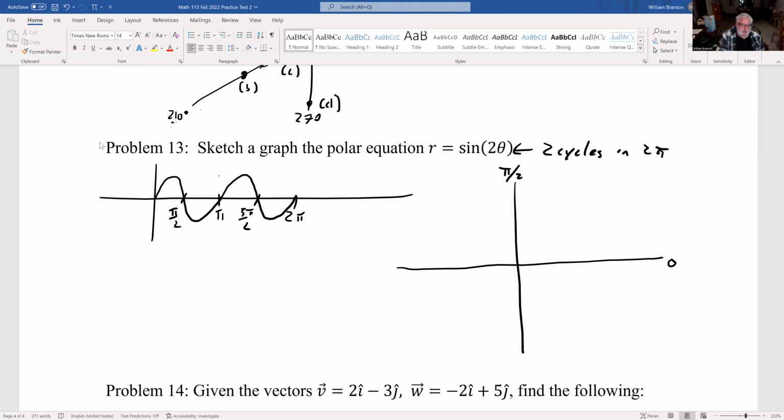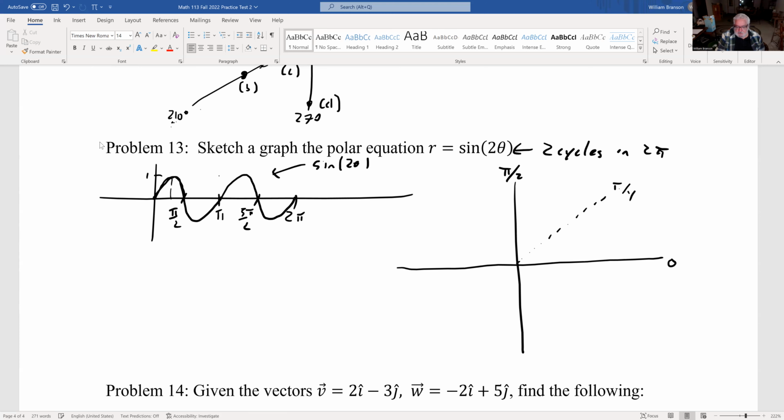So sine of 2 theta, which is this graph here, as the angle goes from 0 to pi over 2, sine goes from 0 up to 1, and then back down to 0. And this is halfway, so that's pi over 4. So what does that mean for our graph?